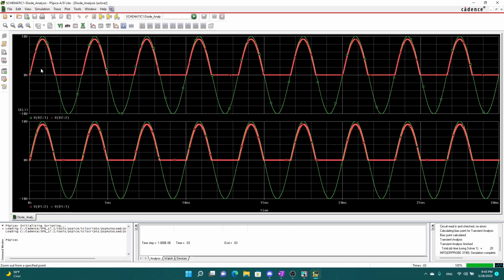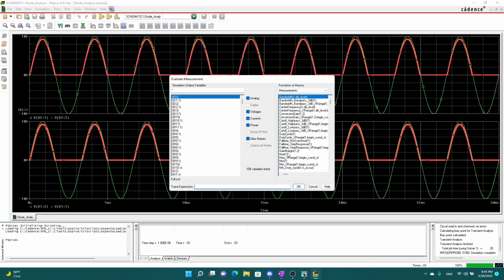Okay? And if you want further proof, let's look at the maximum voltage of the output for both waveforms. To do that, we'll evaluate measurement. We need the maximum voltage across the first diode, VD1.